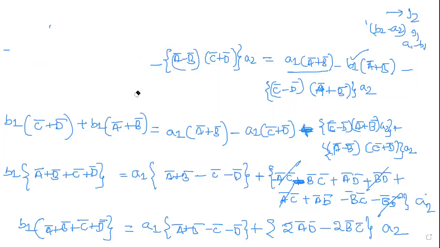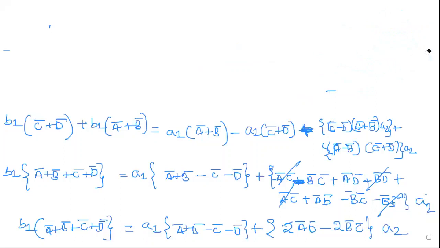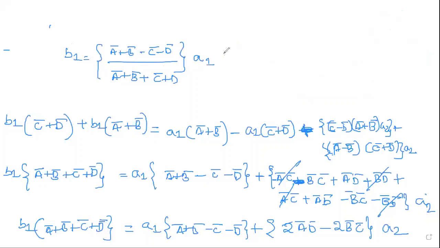Now just we need only for B1, because it is multiplied with B1, A bar plus B bar plus C bar plus D bar. Write the equation in terms of B1. So if I write this equation in terms of B1, this will be A bar plus B bar minus C bar minus D bar divided by A bar plus B bar plus C bar plus D bar into A1 plus 2, I'll take it common.